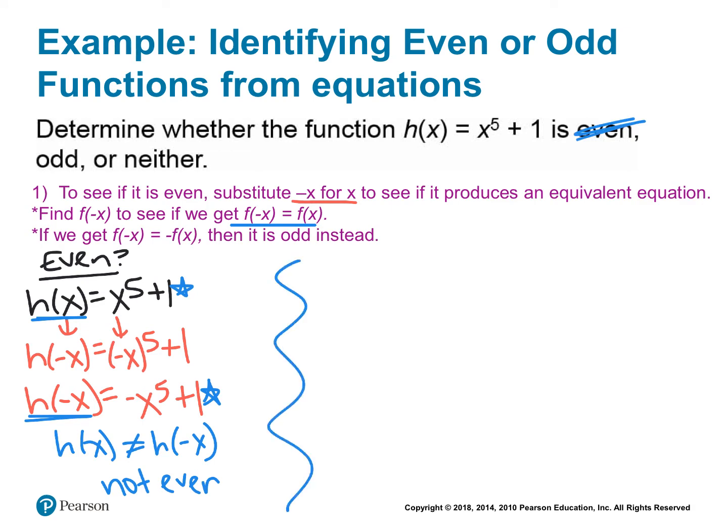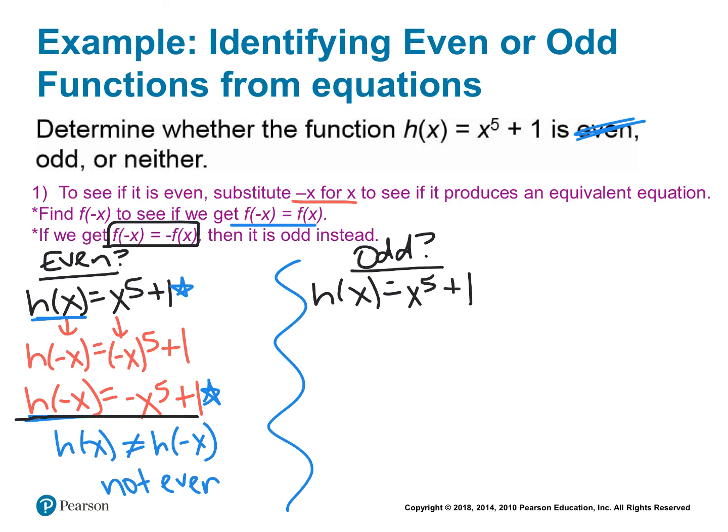Okay, let's see, is it going to be odd? So the original, okay, again, we want to see, is f of negative x equal to the opposite of the original f of x? So we just found, and in this case we're using h's instead of f's, what h of negative x is.